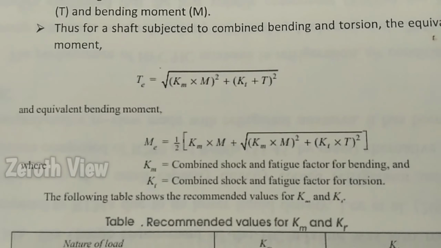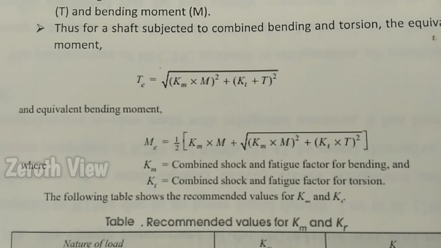P equals 2 pi nT by 60. With the help of this, we're going to generate a new formula. T equals P into 60 by 2 pi n, where we know the values of P, 20 into 10 to the power of 3, into 60 by 2 into pi into n as 200.